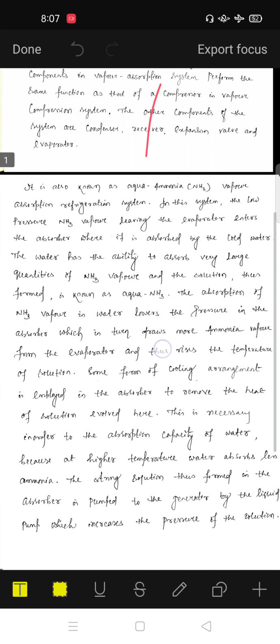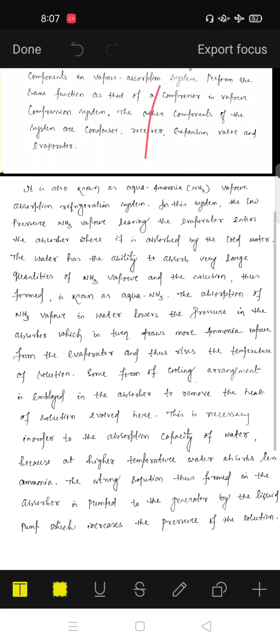The absorption of ammonia vapor in water lowers the pressure in the absorber, which in turn draws more ammonia vapor from the evaporator, and thus it raises the temperature of the solution. So some form of cooling arrangement is employed in the absorber to remove the latent heat of solution evolved here.